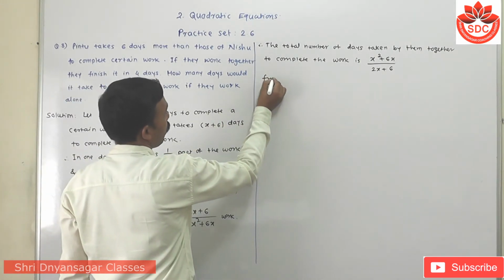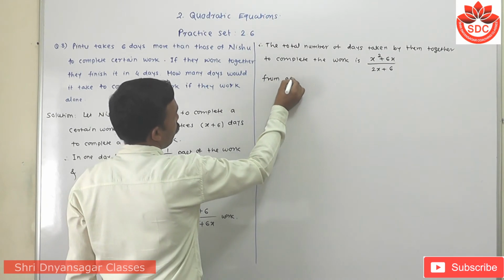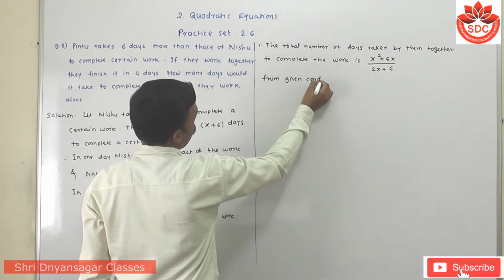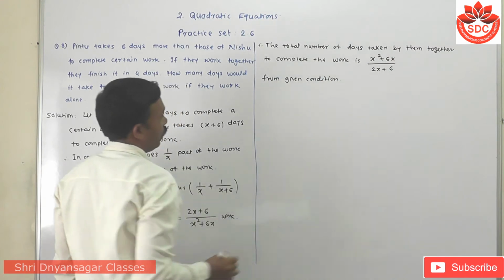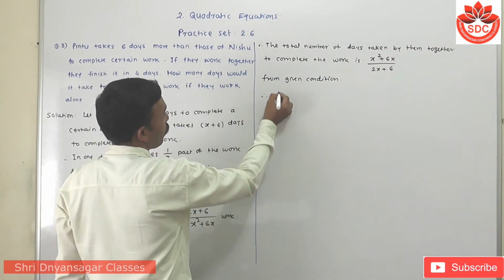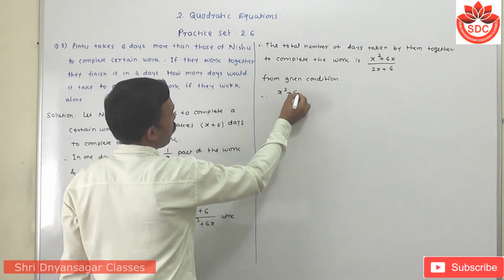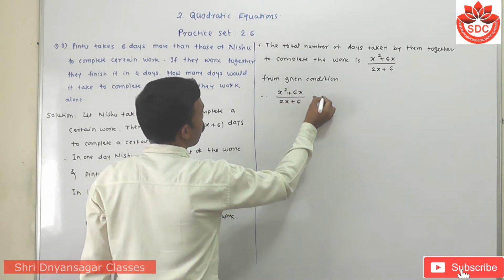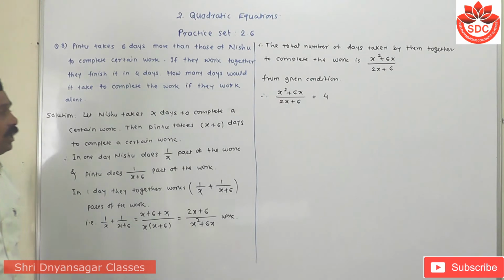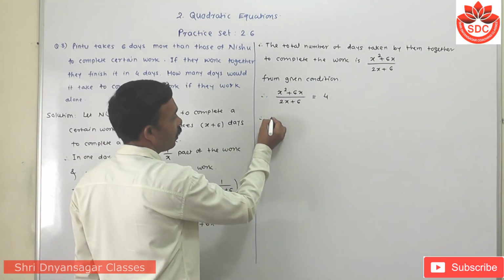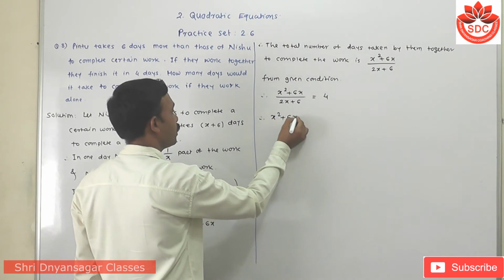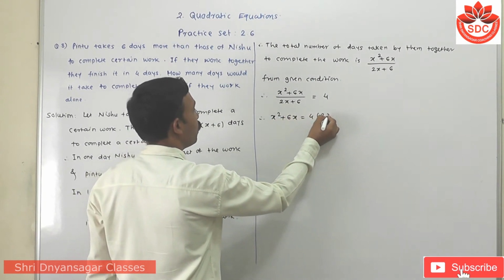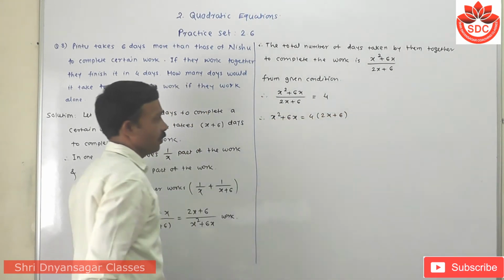From given condition. They work together, means this work x square plus 6x upon twice x plus 6 is complete in how many days? 4 days. Then by cross multiplication we get x square plus 6x is equals to 4 into twice x plus 6.